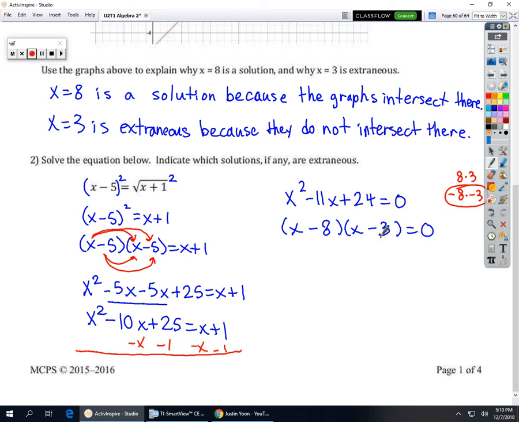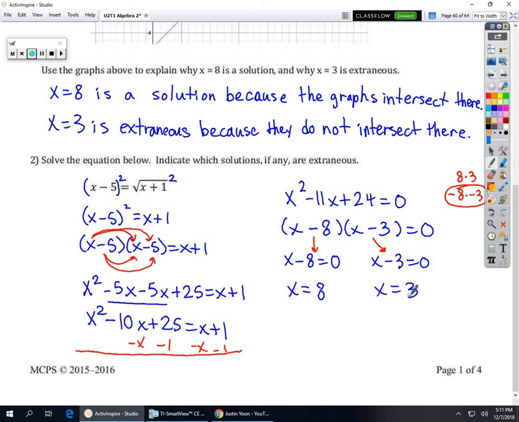Remember that you're not done. You have to actually solve them. Meaning this part equals 0. X minus 8 equals 0 is one equation, and x minus 3 equals 0 is another equation. In that case, I got two solutions. I got x equals 8 and x equals 3.